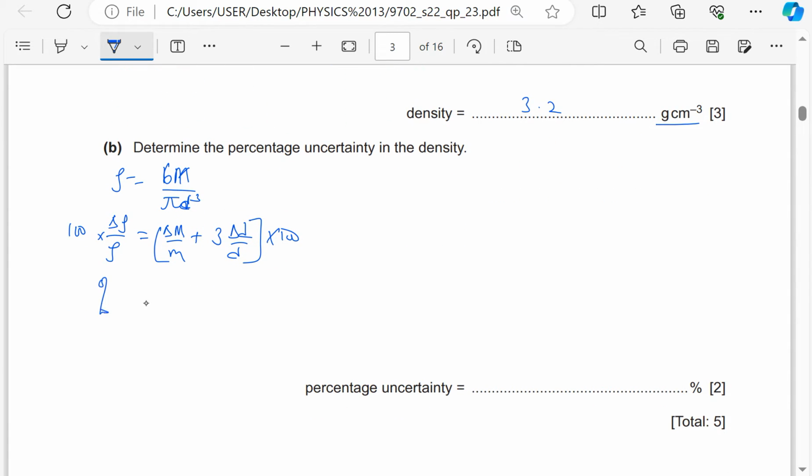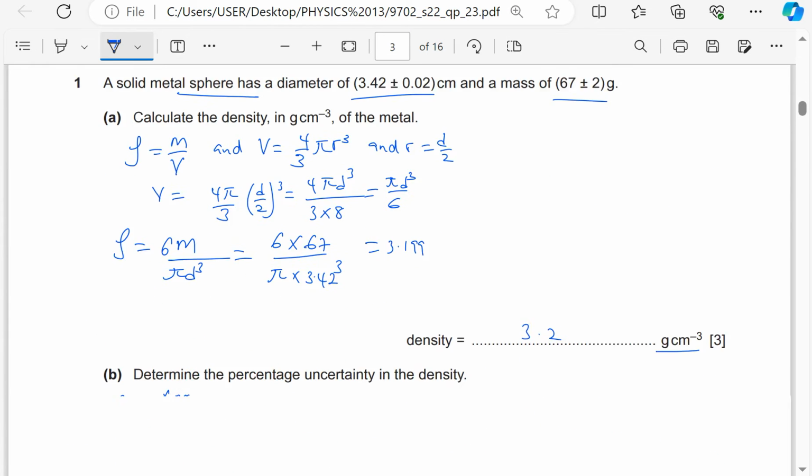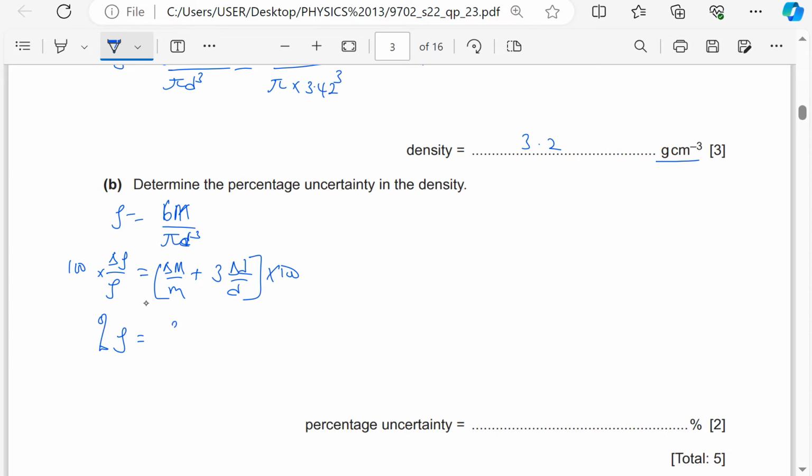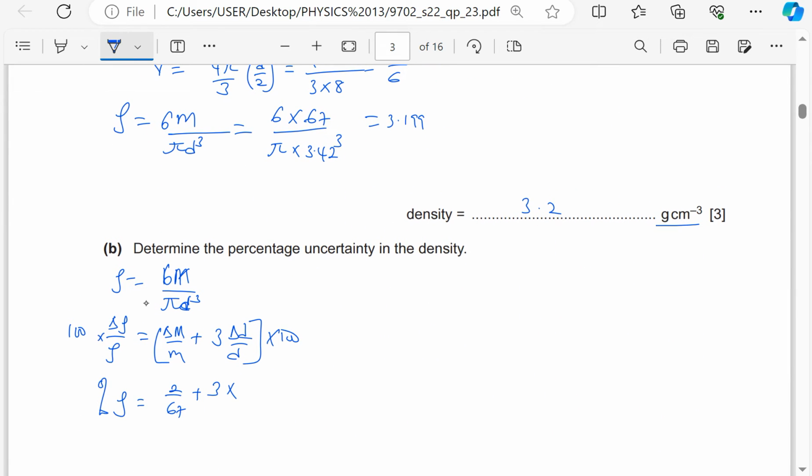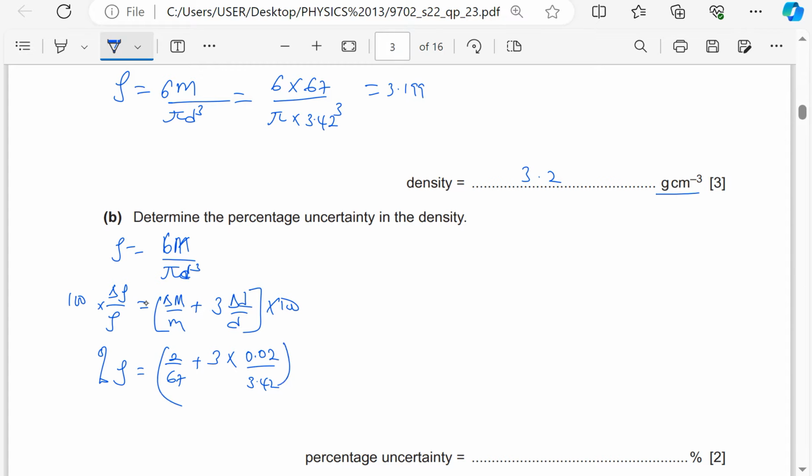So the percentage uncertainty in density on the left hand side is going to be: m was 2 over 67, plus 3 times d, whose absolute uncertainty is 0.02, divided by 3.42, and this is going to be times 100.